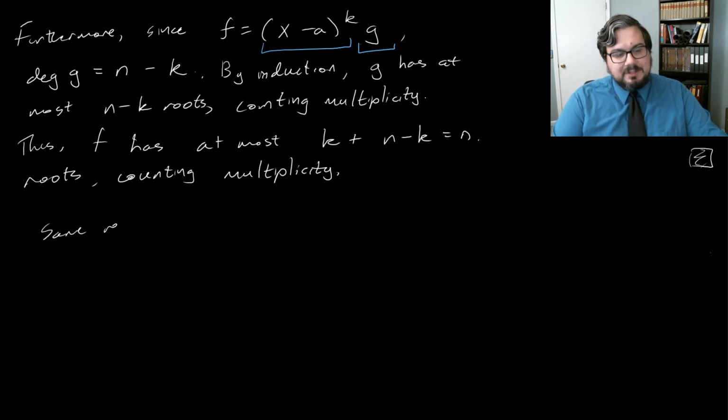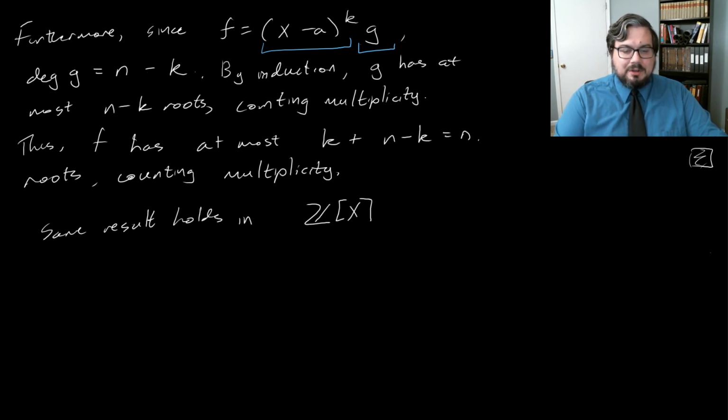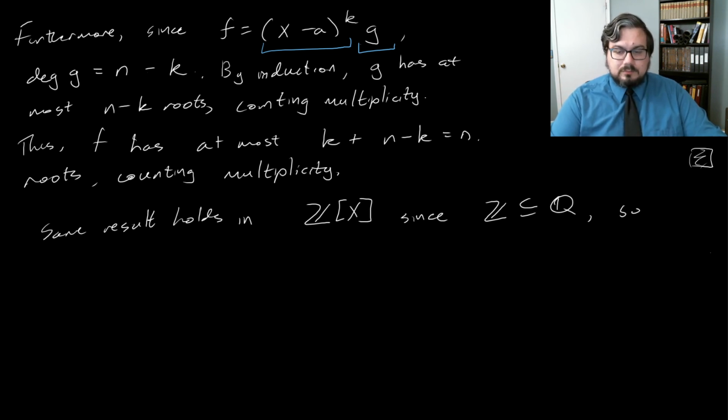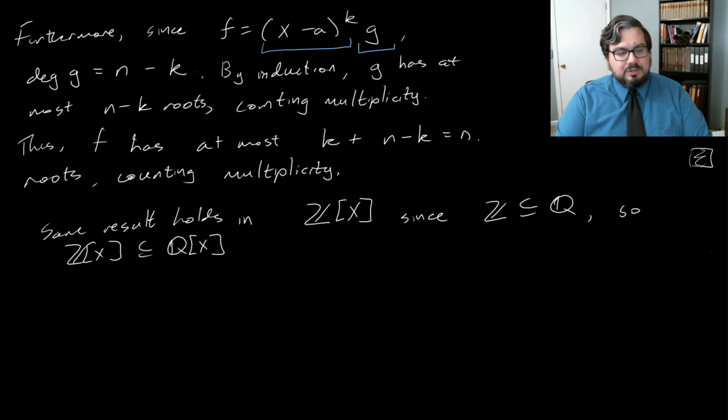So the same result holds in Z adjoin x, polynomial rings over the integers, and this is essentially since Z is a subring of a field Q, and so in particular that means that Z adjoin x is a subring of Q adjoin x.